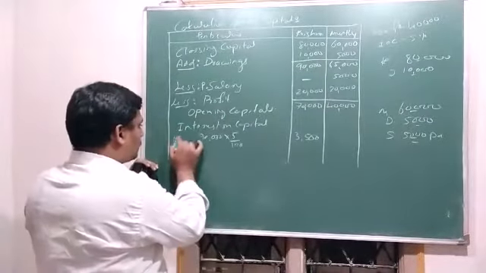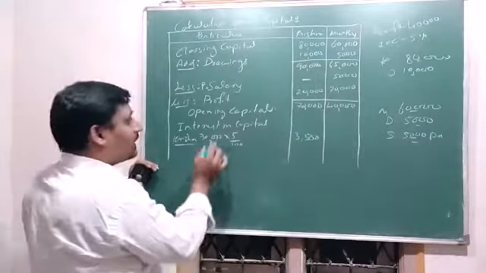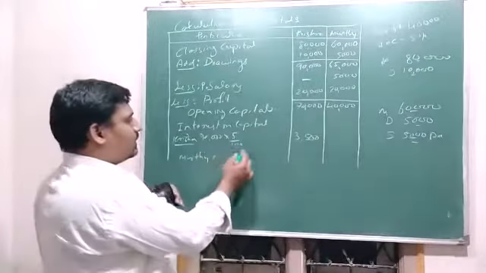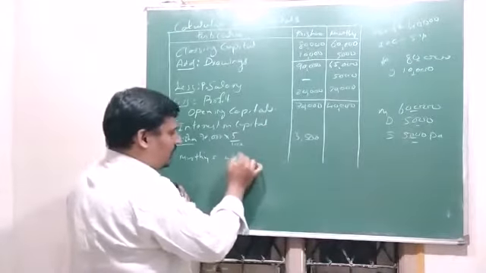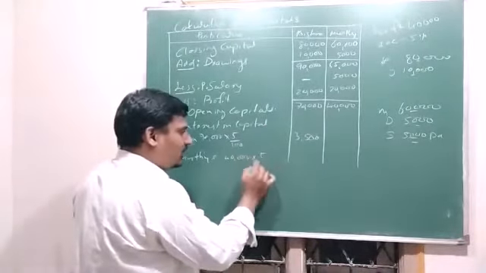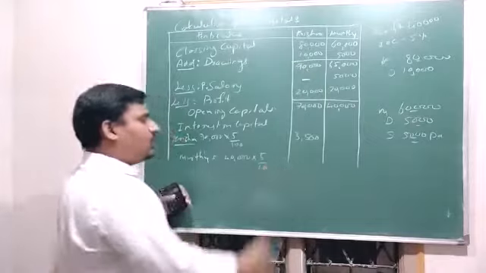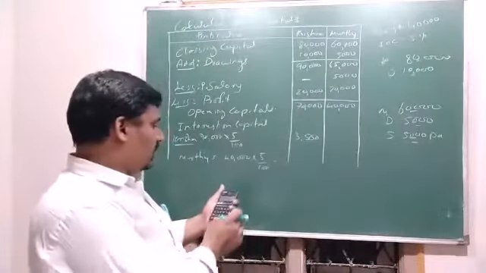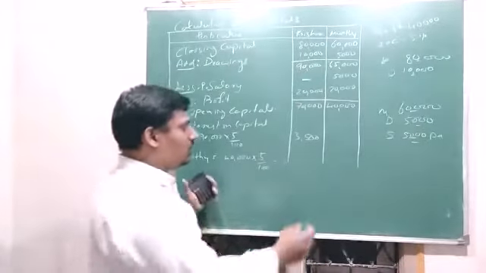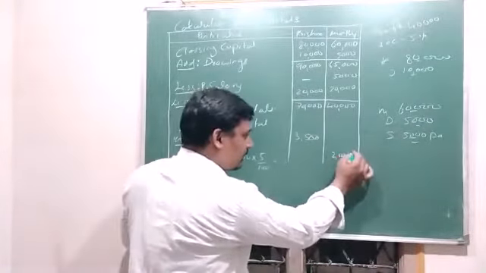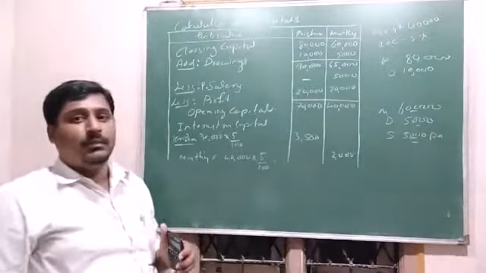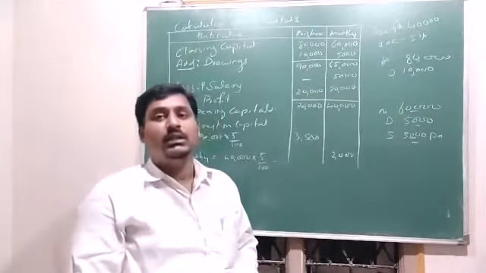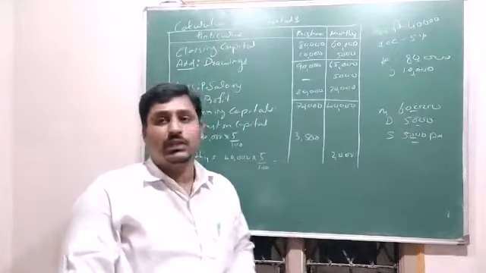Next Murthy's: his capital is 40,000, so 40,000 into 5 divided by 100. Murthy's interest on capital, 5% of 40,000, is 2,000. So Krishna's interest on capital is 3,500 and Murthy's is 2,000 rupees.